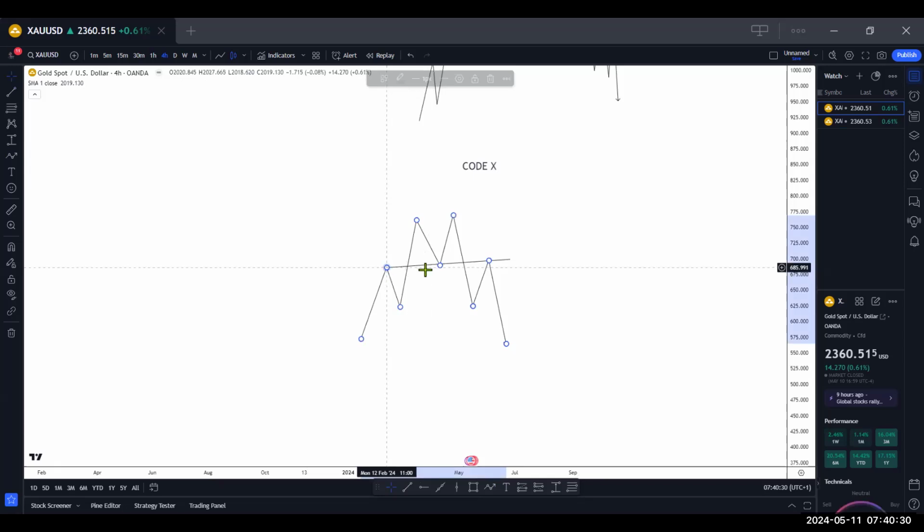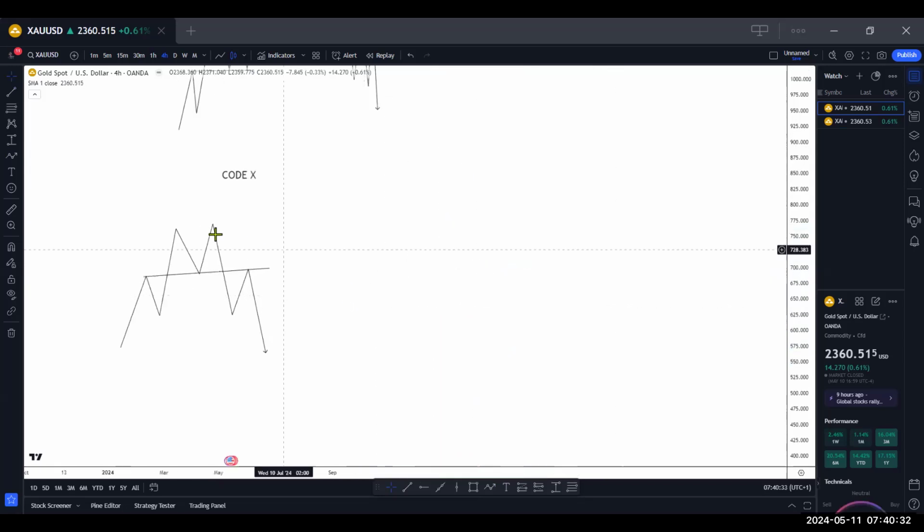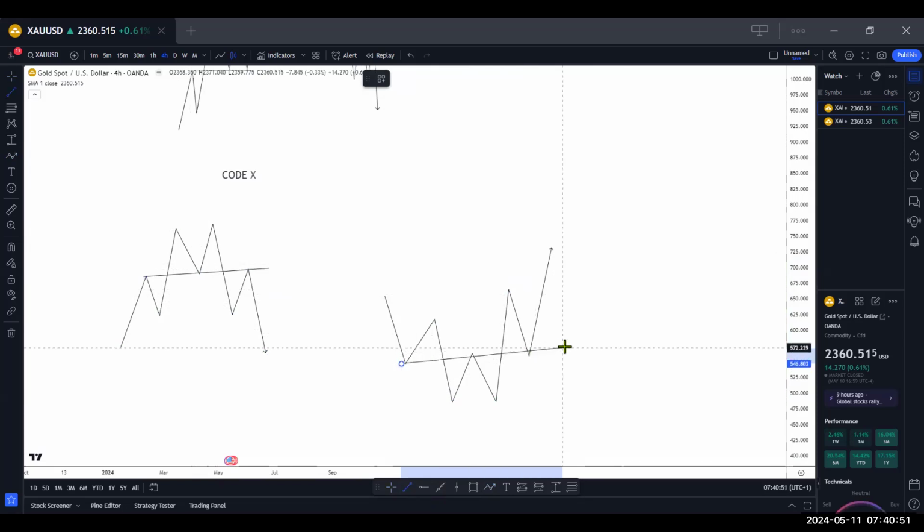You can have a double bottom variant where you have something like this. First touch, second touch, entry. So double top, double bottom. Okay, let's see examples.